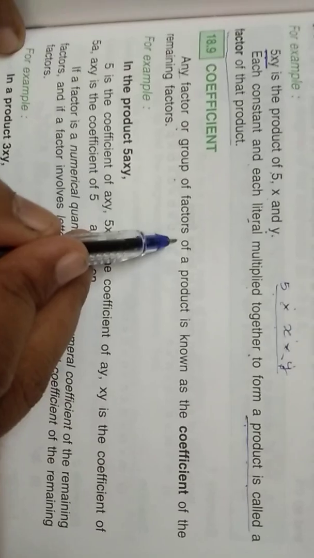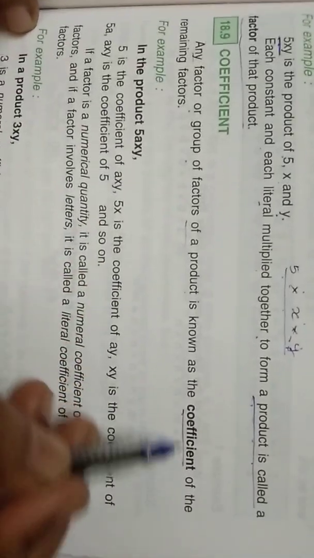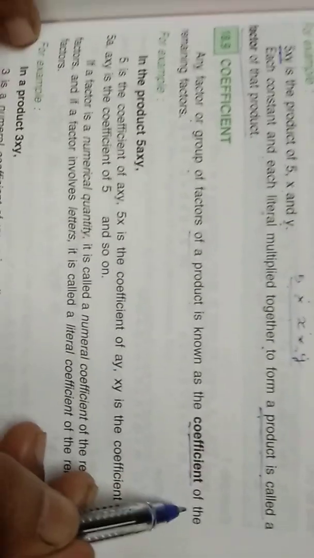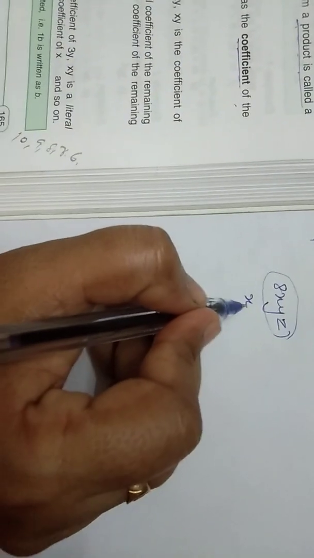Then coefficient. The next important point is coefficient. Any factor or group of factors of a product is known as the coefficient of the remaining factors. That means if here is 8xyz, x is a factor. Then what is the coefficient of x?